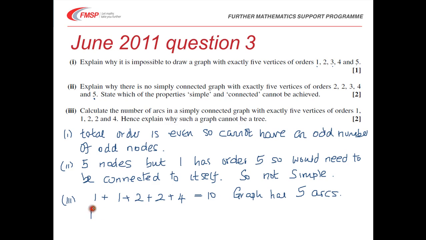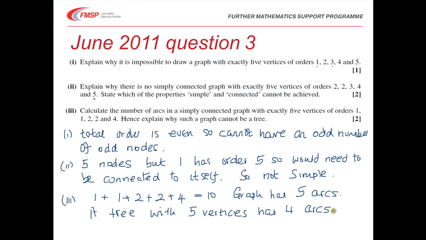So a tree with 5 vertices has 4 arcs, 4 edges, whichever word you like. And we're using a mixture of all of them really, aren't we? So that means that we've got 5 arcs here, so it cannot be a tree.